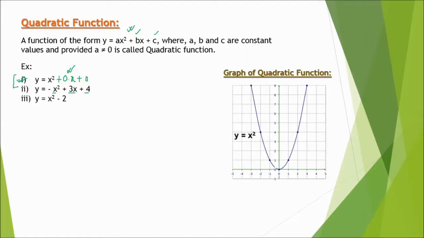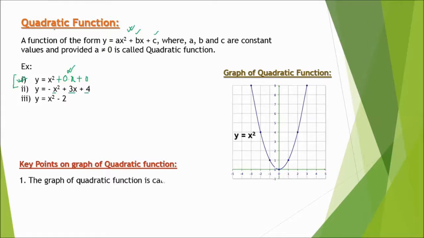Now some key points on the graph. From the graph we can derive some key points. Let's see what these key points are. The name given to this curve, you can see, is parabola. Now this is the parabola. We call it parabola from now on. Parabola is a curve, it's the graph of a quadratic function.